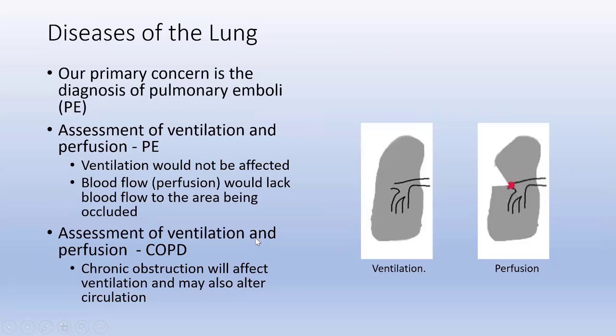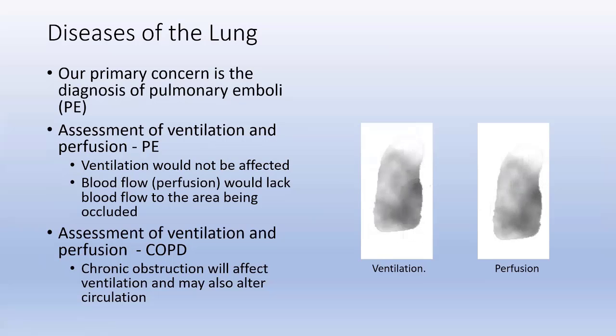However, when you inject little teeny tiny particles called MAA, macroaggregated albumin, that are tagged to technetium-99m, they go all the way down to the lower end of the arterioles, and then they block the lower end arterioles. And if there is a blood clot here, as represented here as a red little area, then the particles cannot continue, and you end up with this wedge-shaped defect. We call that a mismatch, where it is cold in perfusion and hot in ventilation, classic for pulmonary emboli.